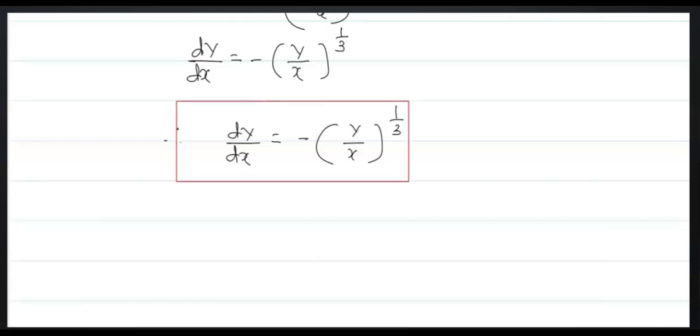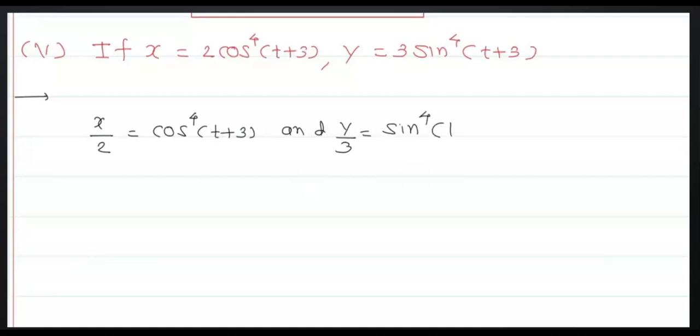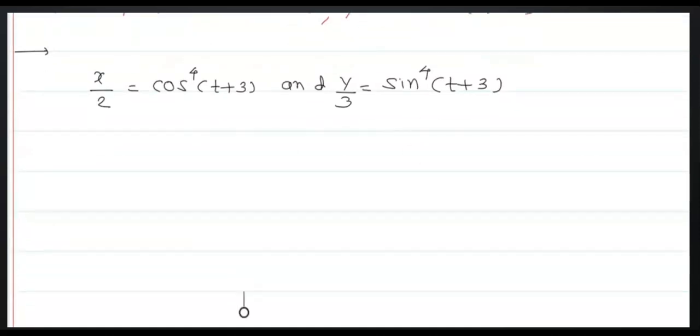Next is the fifth one. If x is equals to 2 cos raised to 4 in bracket t plus 3, y is equals to 3 sin raised to 4 in bracket t plus 3, that is x upon 2 is cos raised to 4 in bracket t plus 3 and y upon 3 is sin raised to 4 in bracket t plus 3.